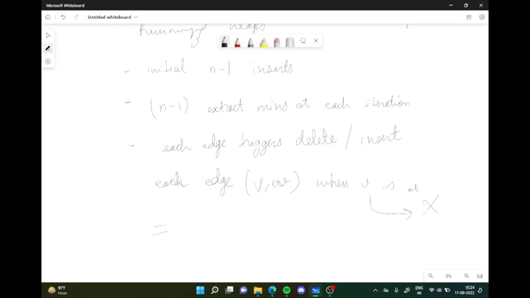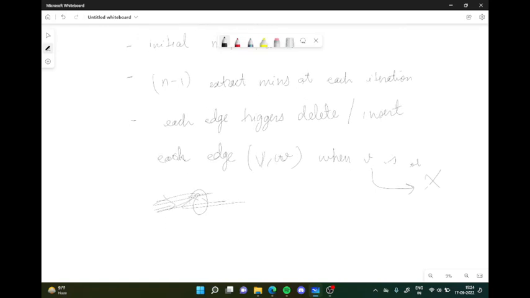So this results in order of m heap operations. That's all, because there are only m edges in total, and every edge goes through this heap operation, that is delete and insert.